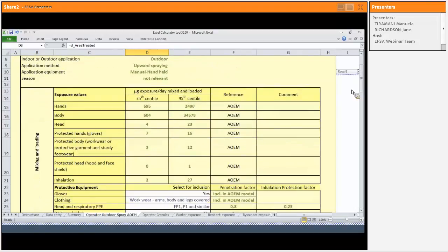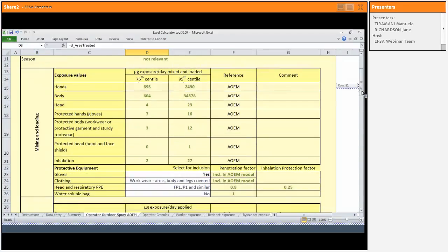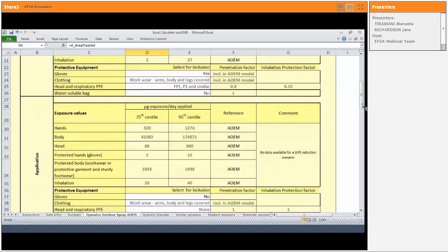So here we can see again our exposure values, and for mixing and loading the exposure values are lower than we've seen in the previous scenarios, but we're obviously dealing with a smaller quantity of active substance compared with doing a large tank mix. Here, for example, the body exposure is quite high in the application scenario.